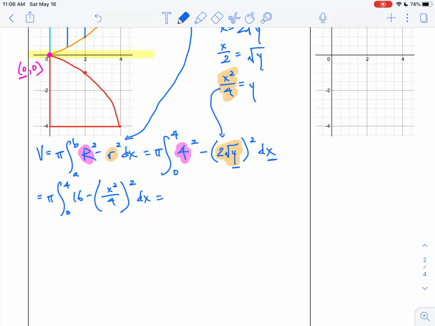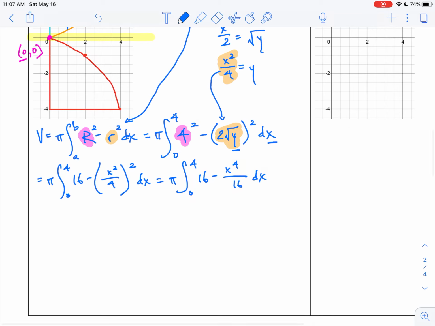Okay, and now I'm going to distribute that square in the little r. All right, looks like I'm ready to integrate now. So I have pi times 16x minus x to the 5th over 5 times 16 is 80.